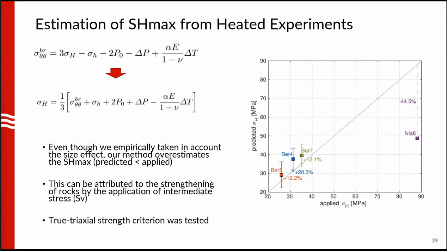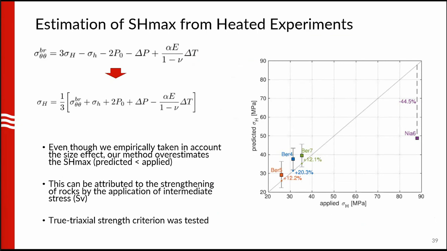So now that we know all the terms that make up the hoop stress at the onset of breakout, our final step is to solve for sigma Hmax, just a very simple algebraic manipulation, in order to calculate the estimated sigma Hmax from the thermal breakout experiment.